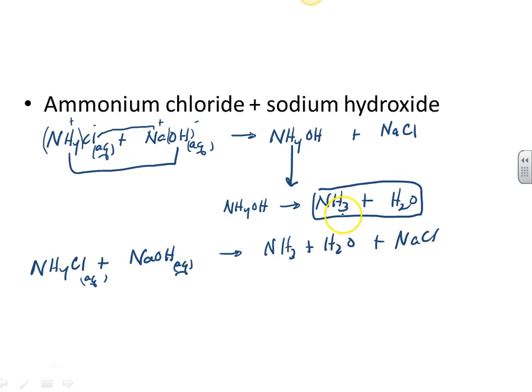So we let NH4OH be replaced with NH3 plus H2O. And this is balanced as it's written. Okay, where is our gas? Ammonia is a gas at room temperature, so that would be it, liquid water, and aqueous salt.